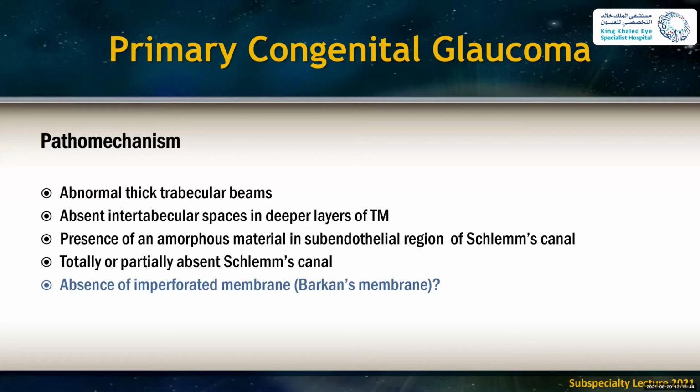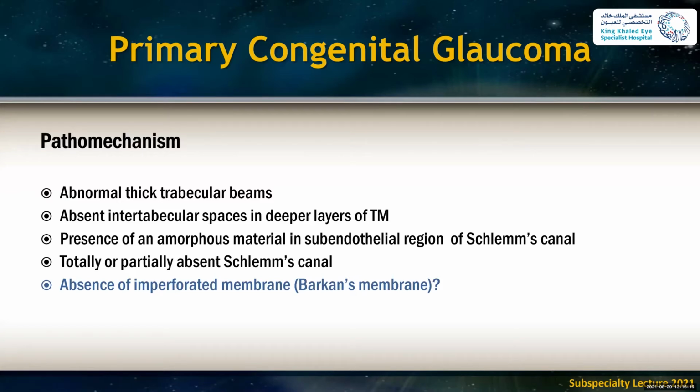Again, I remember when we were in medical school, early in residency and so on, they taught us that there is a Barkan's membrane, an imperforate membrane in front of the trabecular meshwork, and this is the cause. This is why Barkan, in the mid-40s, invented the goniotomy, aiming to cut that membrane in front of the trabecular meshwork.